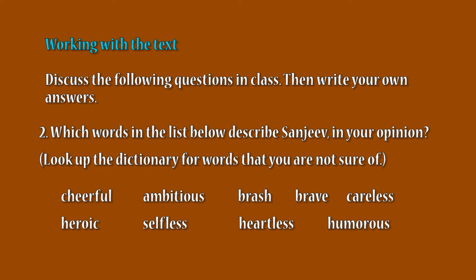Can you see those words there? Young, cheerful, ambitious, brash, brave, careless, heroic, selfless, heartless, humorous. These are words which describe a person in many ways, and you can use all these words in describing Sanjeev in the next few sentences. Let's turn the page over.